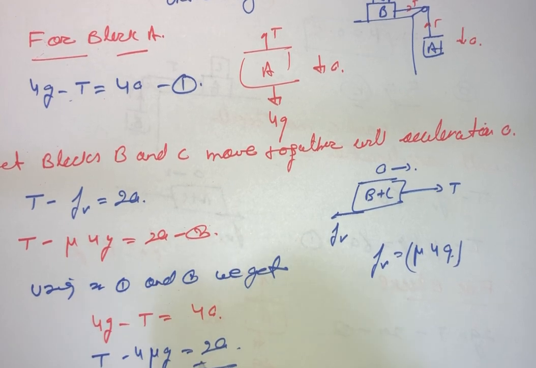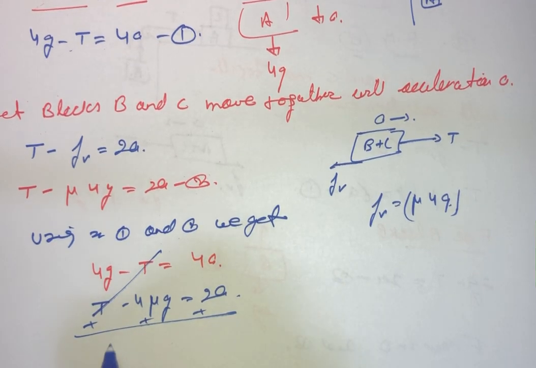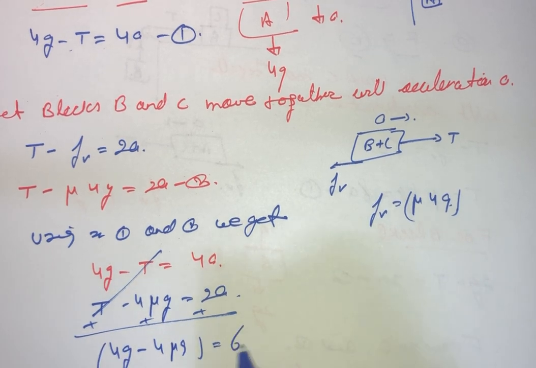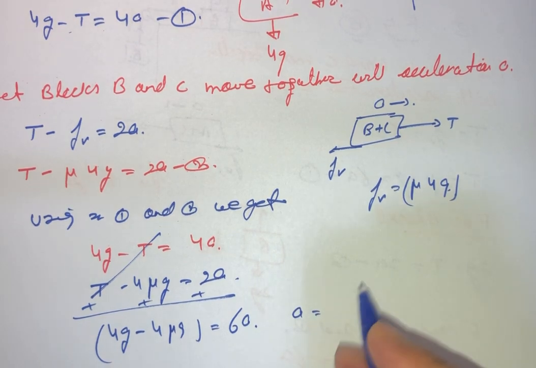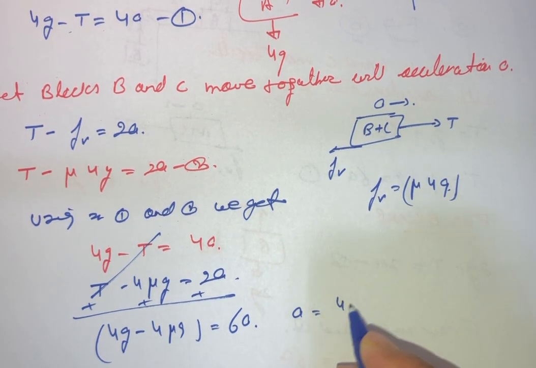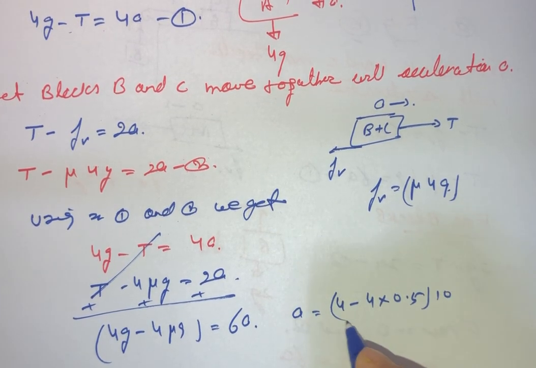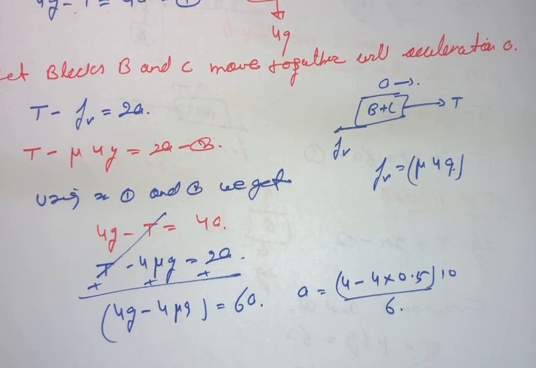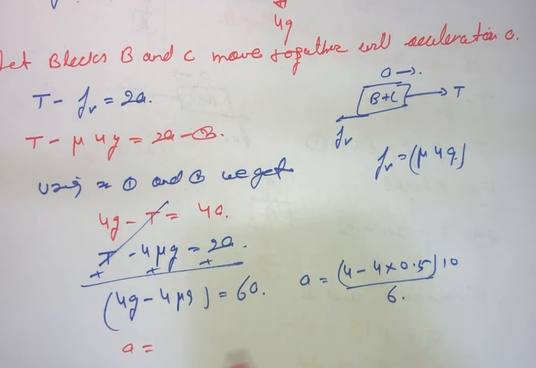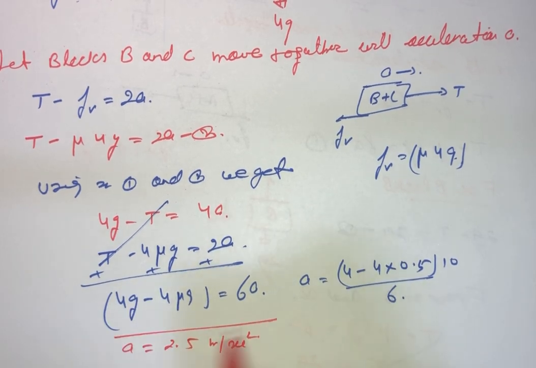We simply add them, T cancels out, so we get 4g minus 4 mu g is equal to 8A, or we can say our acceleration is equal to 4 minus 4 times 0.5, times g which is 10, divided by 8. So we get the acceleration as 2.5 meter per second square.